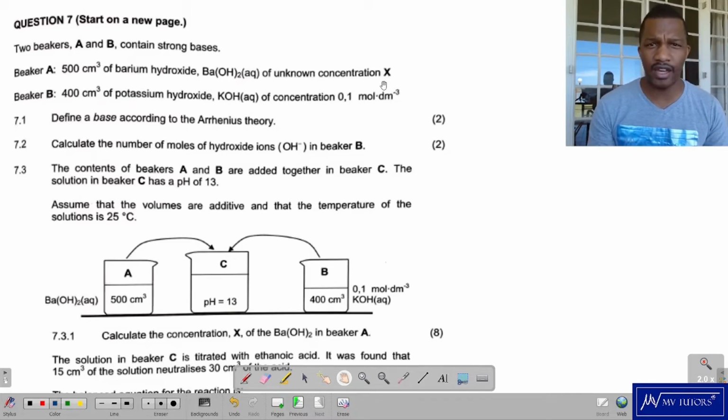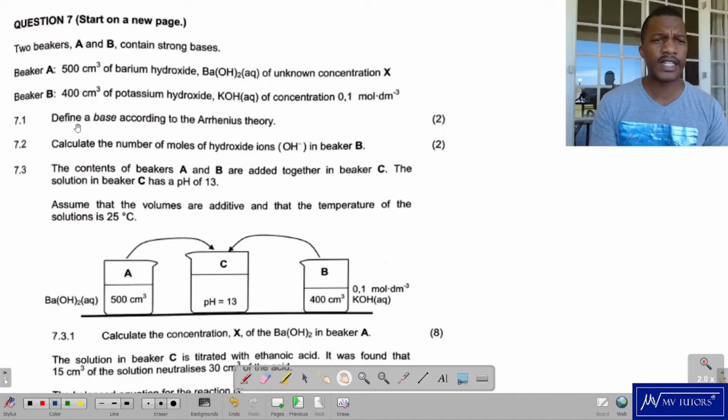Whenever you see an X, they probably want you to solve for an X. Beaker B, 400 centimeter cubed of potassium hydroxide of concentration 0.1. That's all we need to know.